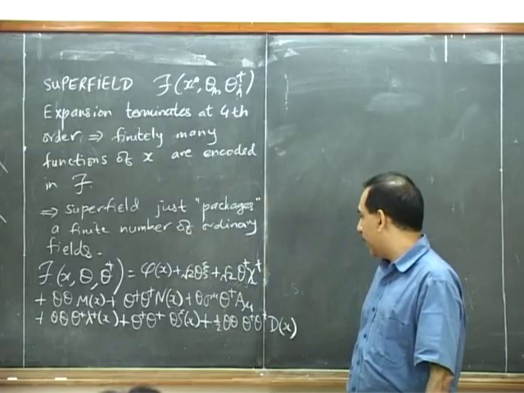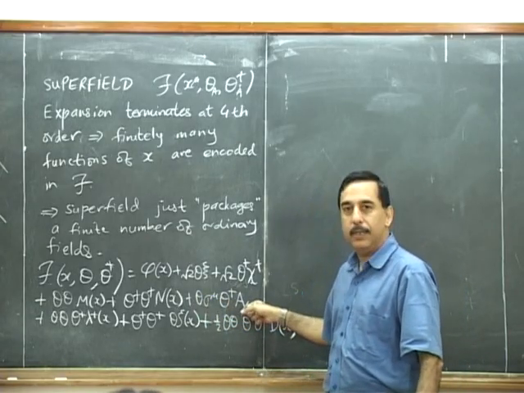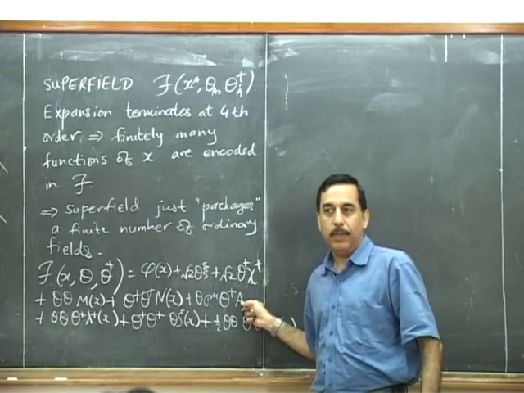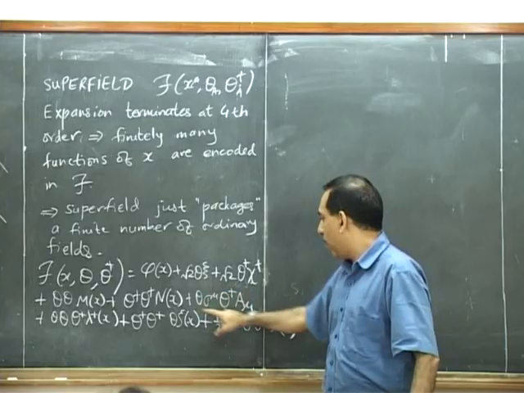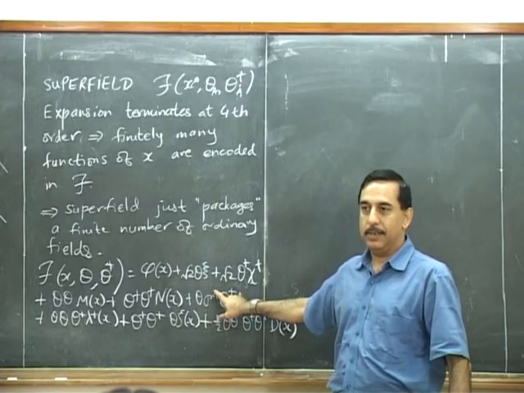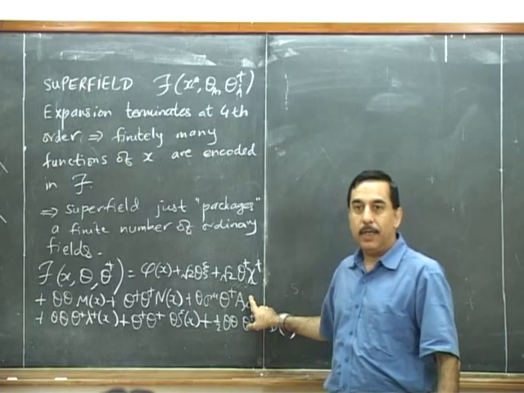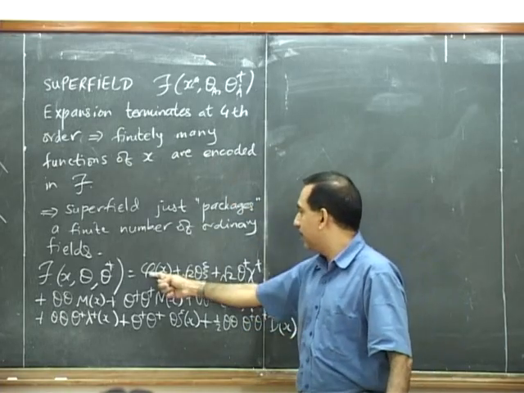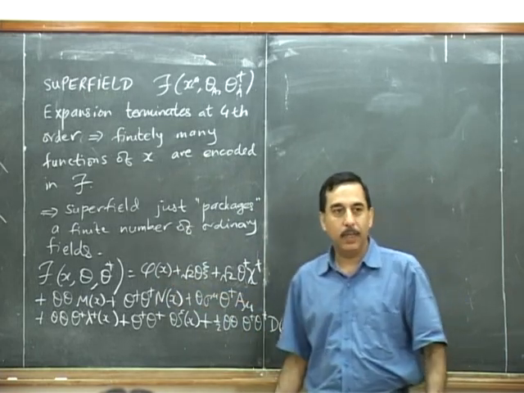One of the most interesting surely is this one, which is theta sigma mu theta dagger times A mu. I've labeled it A mu for the obvious reason. It's inherited a vector index because it's contracting something with a vector index. And this is a vector field, and so we should certainly expect that in this package, this is a normal scalar field, this is a spinor field, this is a vector field, and so on.